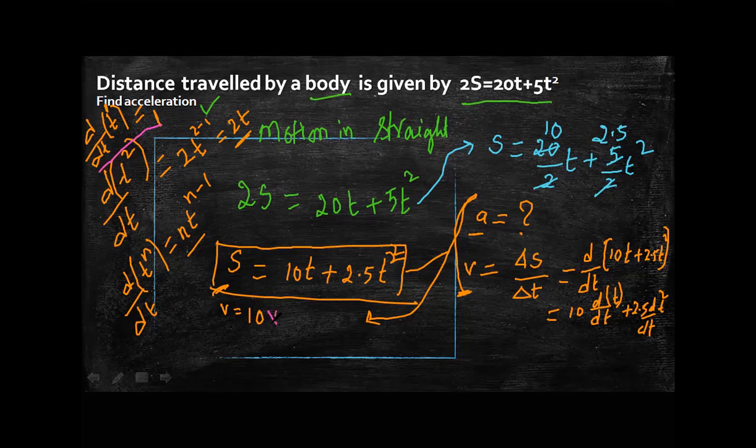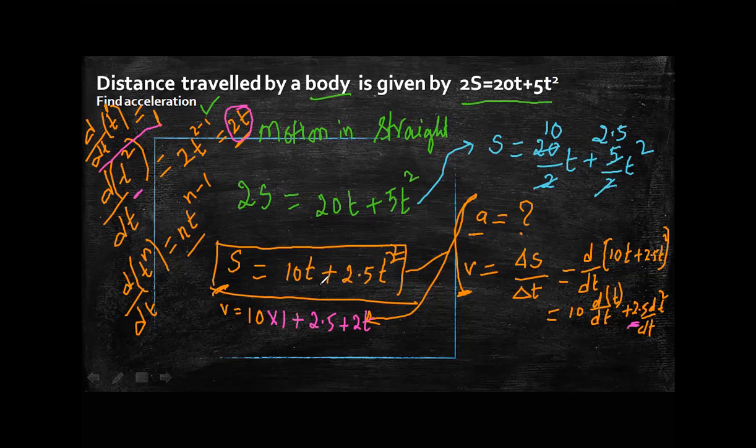So I keep 1, plus 2.5 into d by dt of t square. How much do you get? 2t. So what is the velocity?